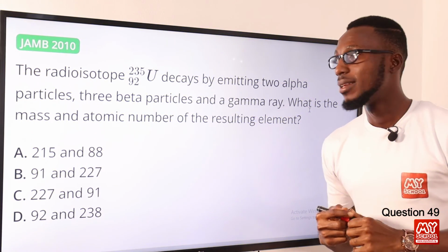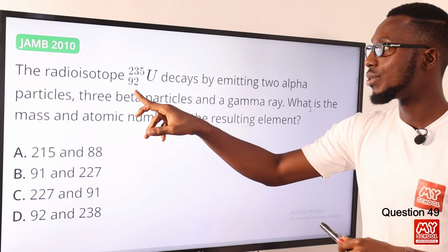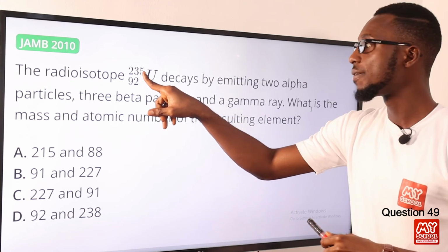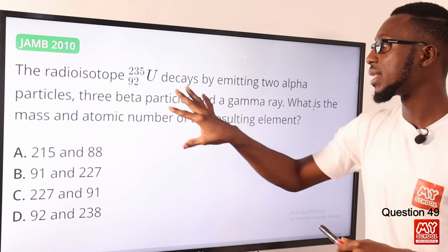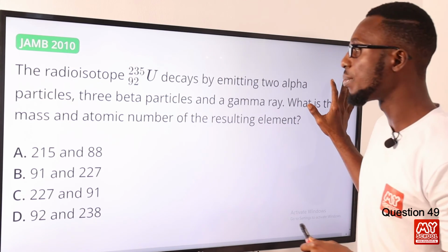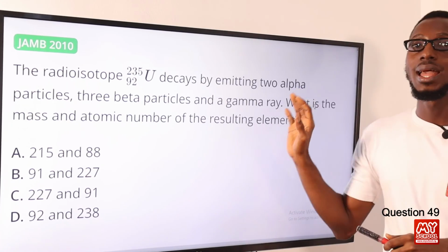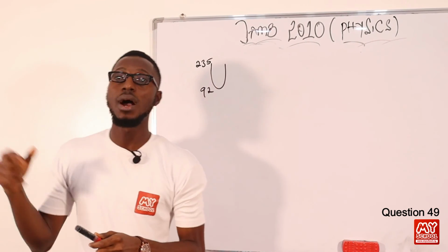Number 49. The radioisotope uranium, atomic number 92, atomic mass 235, decays by emitting 2 alpha particles, 3 beta particles, and a gamma ray. Now, what is the mass and atomic number of the resulting element? We have uranium, and we are told that there are emissions. We have 2 alpha particles.